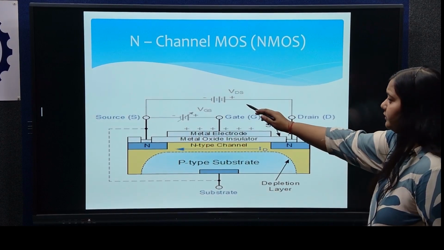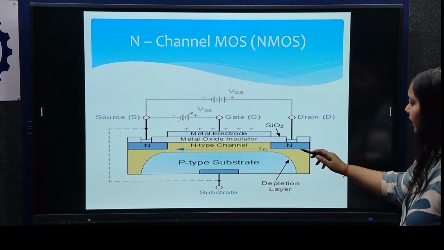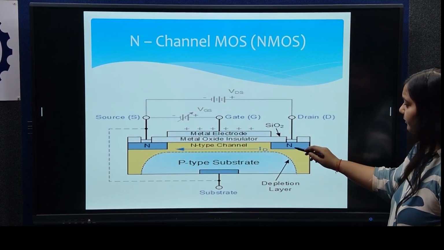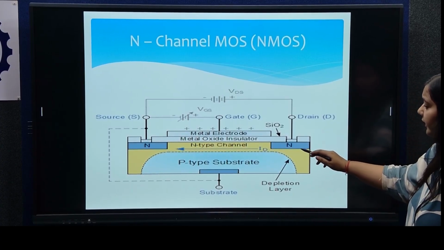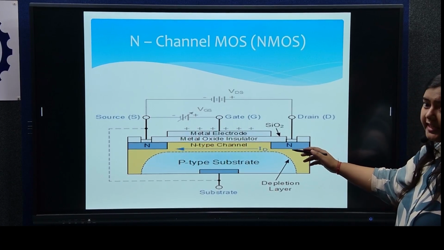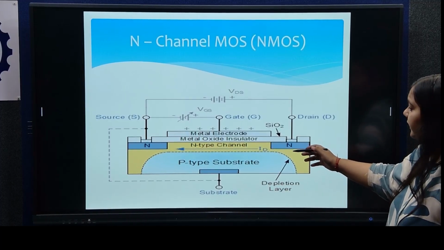When we apply a positive supply VDS to the N-type drain terminal, in N-type, what are the majority charge carriers? The majority charge carriers are electrons.